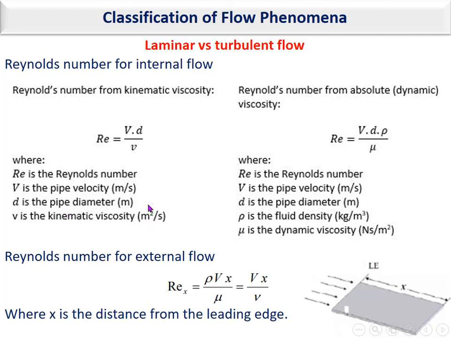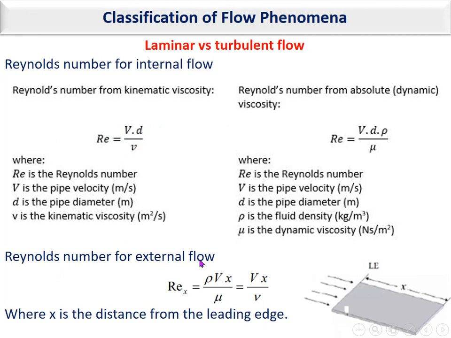You can see that in the unit of kinematic viscosity you have no sign of force or mass, but in the dynamic viscosity you can see here Newton, which is a sign of force. So in internal flow, Reynolds number can be written either based on absolute or dynamic viscosity, or based on kinematic viscosity.